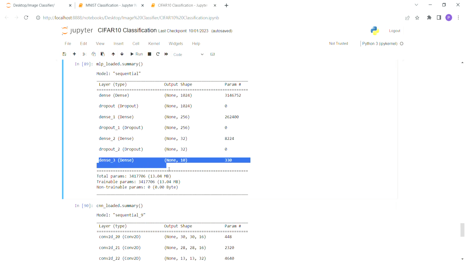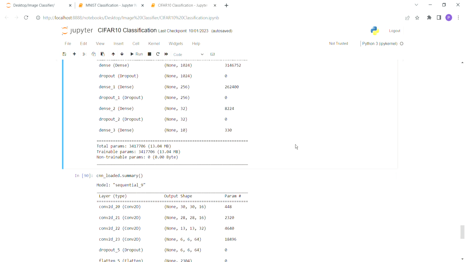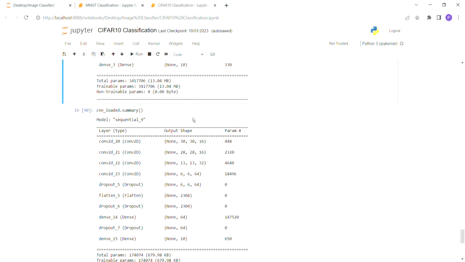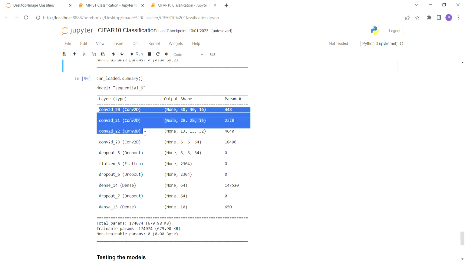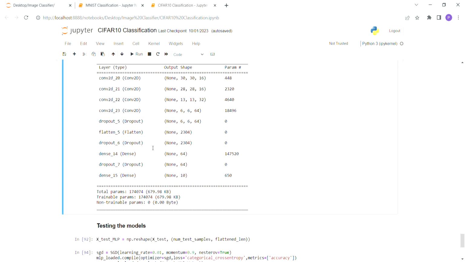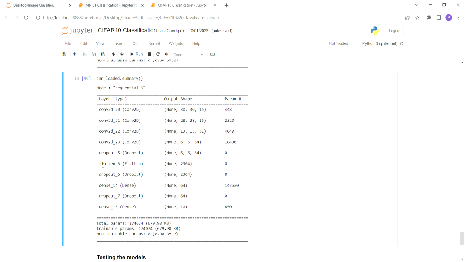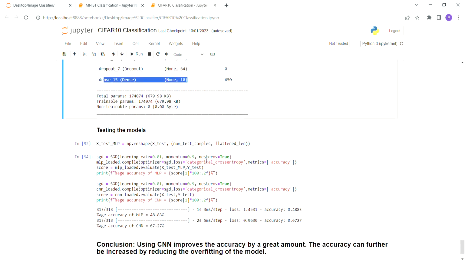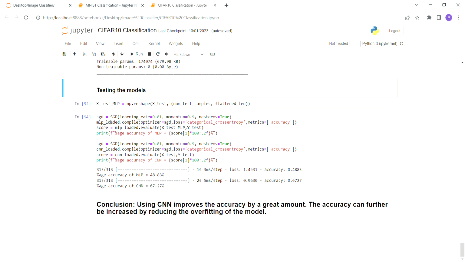And finally we had an output dense layer of 10 dimensions for 10 classes. And in the CNN, we had three convolution layers, and further we flattened the data, and then we used a single dense layer, and finally an output layer. So we will test these loaded models now.